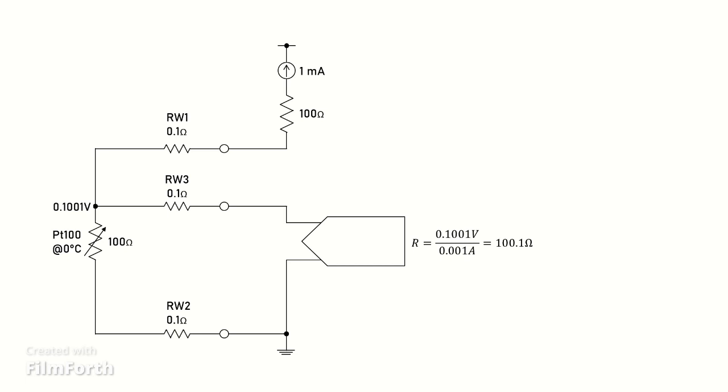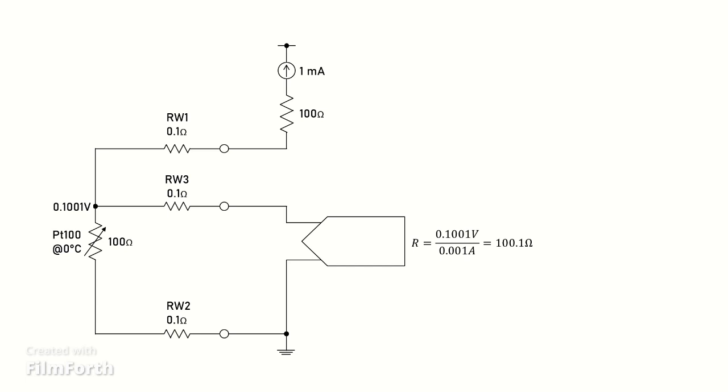Notice that in the 3-wire configuration, the voltage measuring circuit is connected across the RTD and RW2, whereas in the 2-wire configuration, the measuring circuit is connected across the RTD, RW1, and RW2. So, in the 3-wire configuration, RW1 has been removed from the measurement, and the voltage measuring circuit is only measuring the voltage across the RTD and RW2.